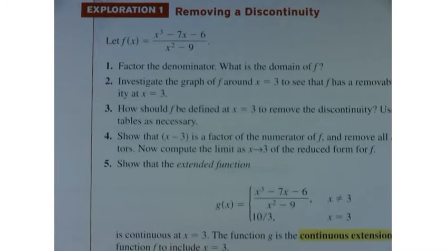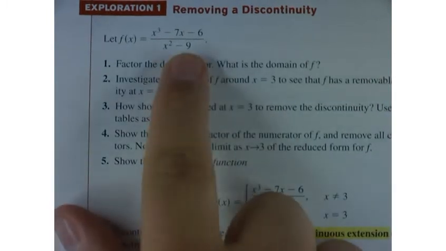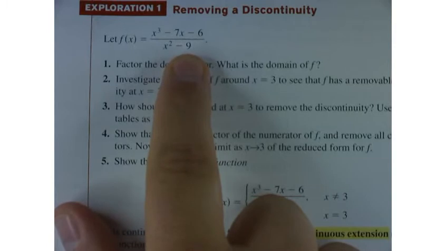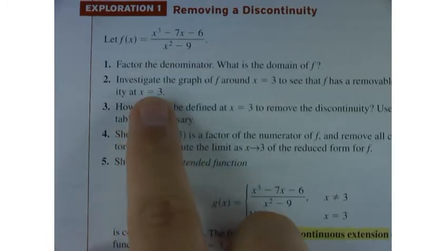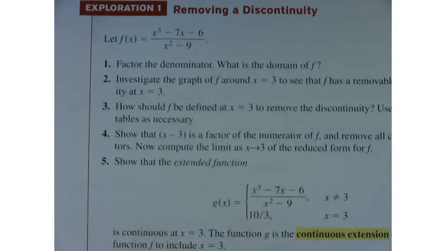The problem that we're going to run into is that this is a difference of squares. It factors to x plus 3 and x minus 3. Those are the zeros of the denominator, so we'll have problems when x equals 3 or negative 3. So x cannot equal 3 and x cannot equal negative 3. Well, wait. It looks like they only looked at one of them. X equals 3.